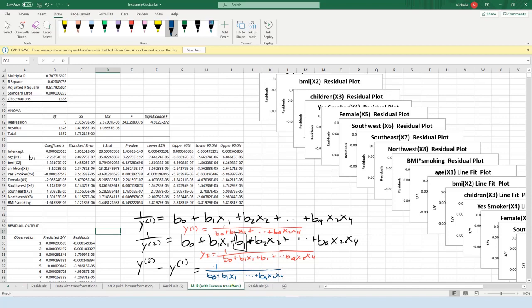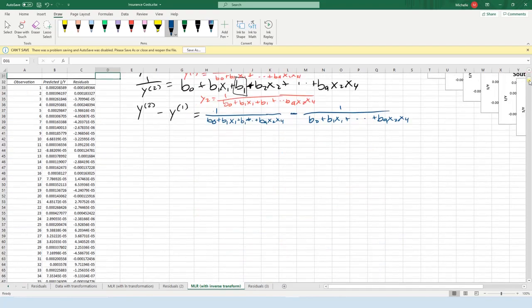You start with the second one, so plus b1, plus this. Then that minus this stuff over here, so 1 over b naught plus b1 x1 plus dot dot dot b9 x2 x4. Let me scroll down.